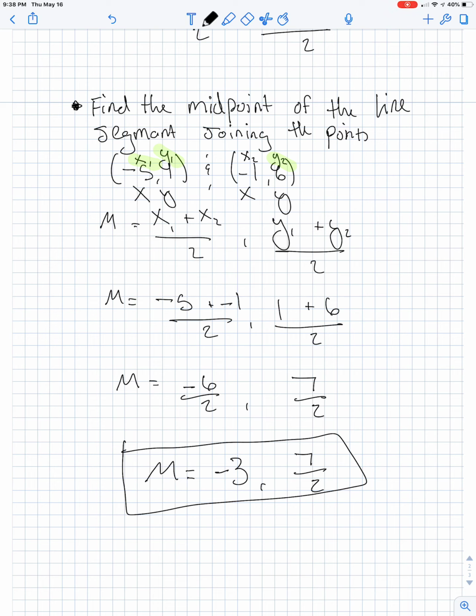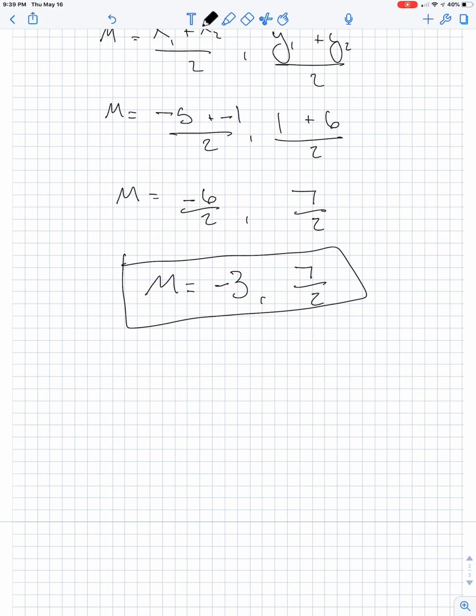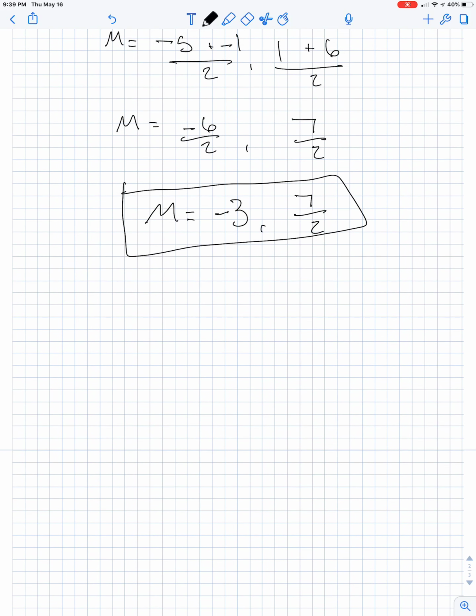So now we can do one more problem, I would say, of midpoint. So again, we're going to bring down the formula. x1 plus x2 over 2, comma, y1 plus y2 over 2.